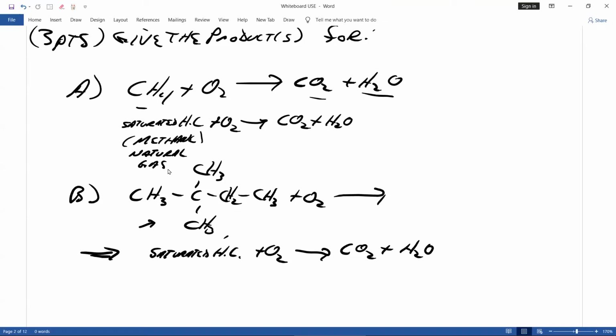Therefore, this is a saturated hydrocarbon. This is oxygen. I'm going to get carbon dioxide plus water. And that's the beauty of functional group chemistry. It helps you predict what you're going to get.